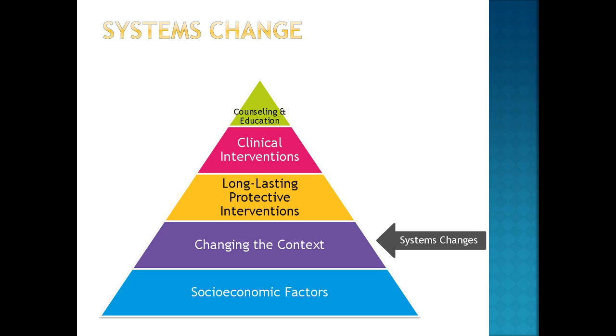So changing the system of Step Up to Quality to encourage child care centers to offer healthy foods is going to change the environment within that child care center. Again, it's an example of how things can overlap, but systems change is really changing the context, so people start to think about the healthy choice, or the behavior that we are trying to encourage with the systems change, and it becomes the default choice.